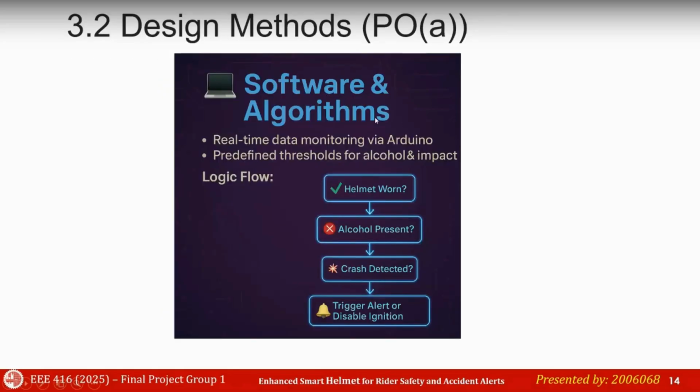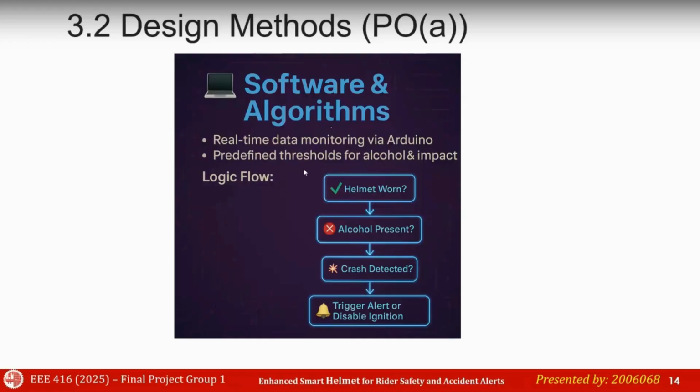Let's discuss the software and algorithm of our project. In the transmitter circuit, we are detecting whether the helmet is on or not, whether alcohol is present or not, and whether a crash is detected or not. If a person is not wearing the helmet, then in the receiver circuit, he or she can't turn on the bike through the relay module.